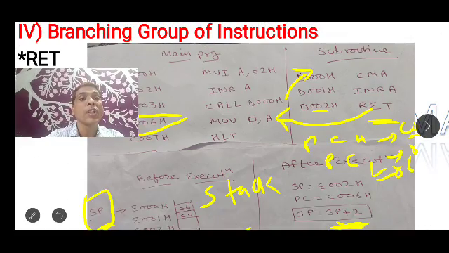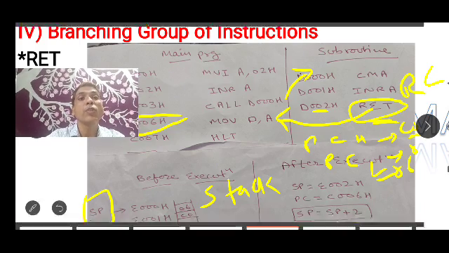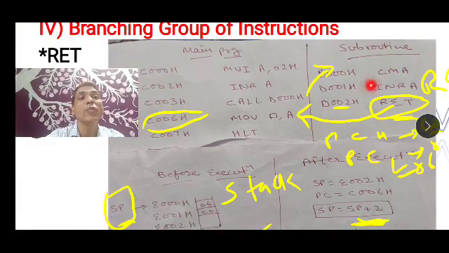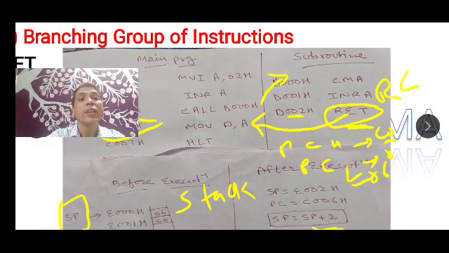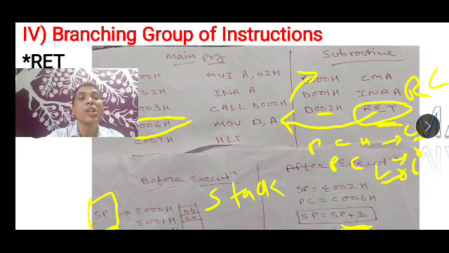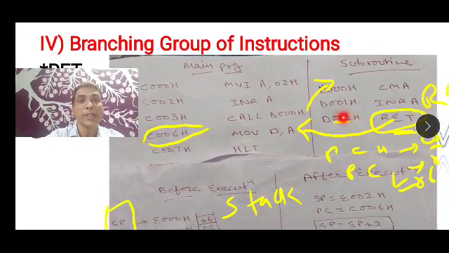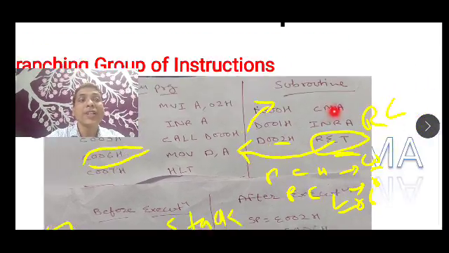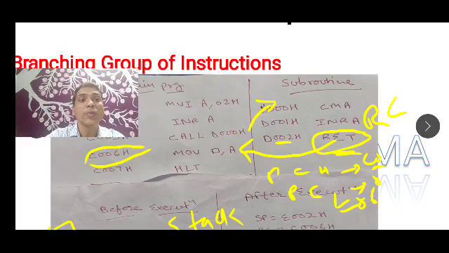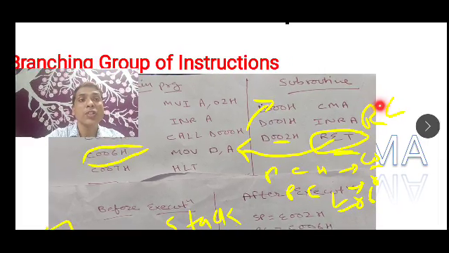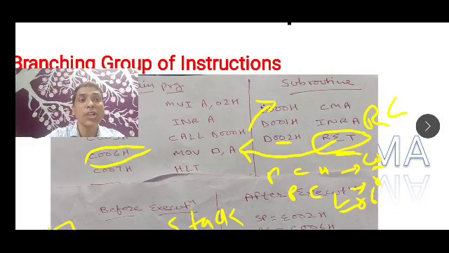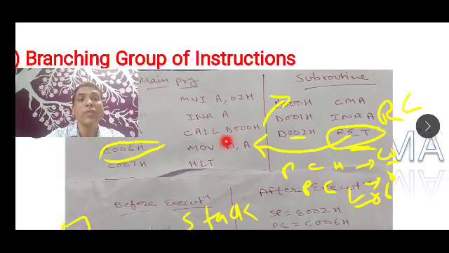But suppose instead of this, you write RC, that means return on carry. Suppose after doing the 2's complement, if you get a carry, then only it will return; otherwise it will continue. If this condition is false, then it will continue, but if it is true, then it will come here.